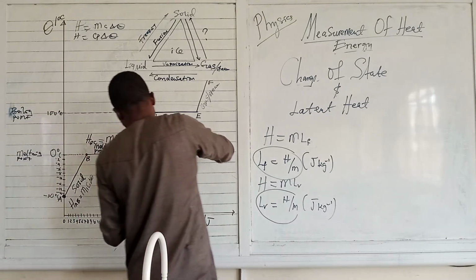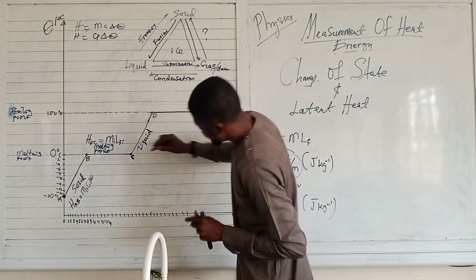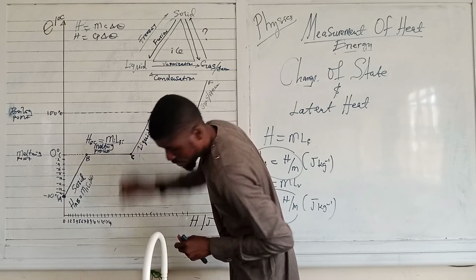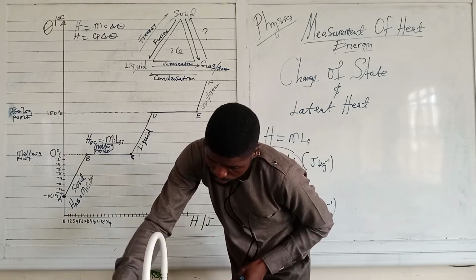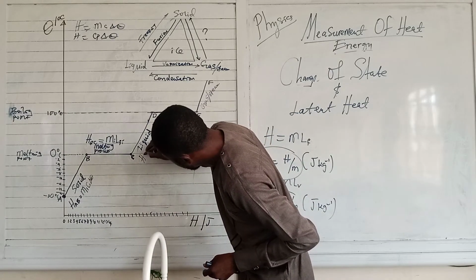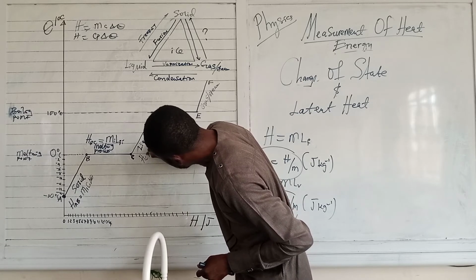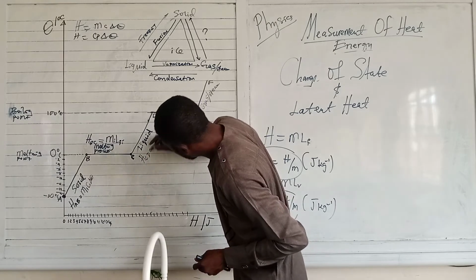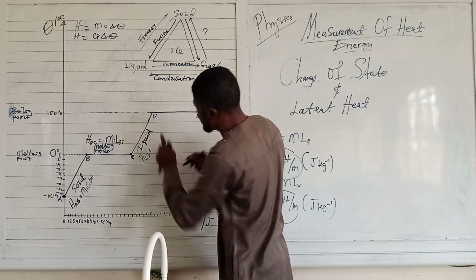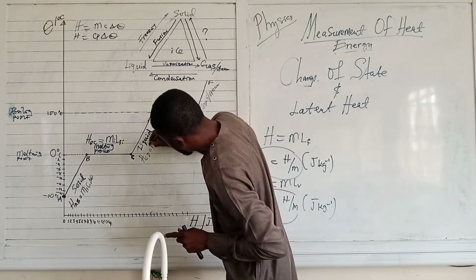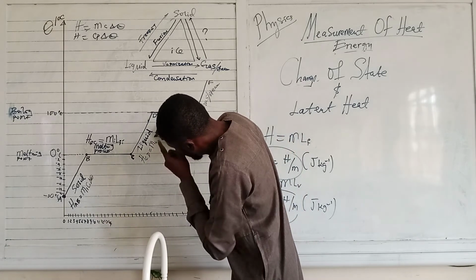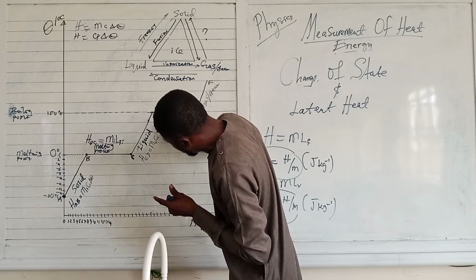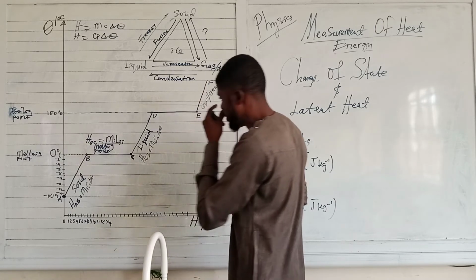From C to D, this is the equation that you have. H_CD is equal to what? And from C to D, it is purely liquid. So it's mass of liquid times specific heat capacity of liquid times change in temperature.